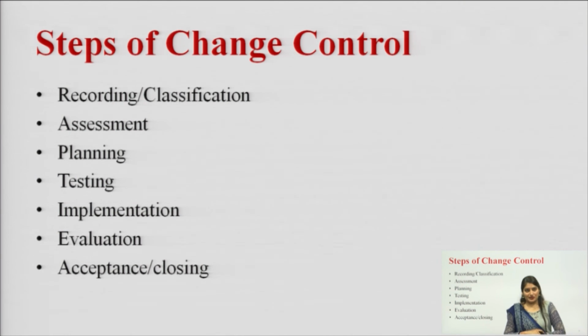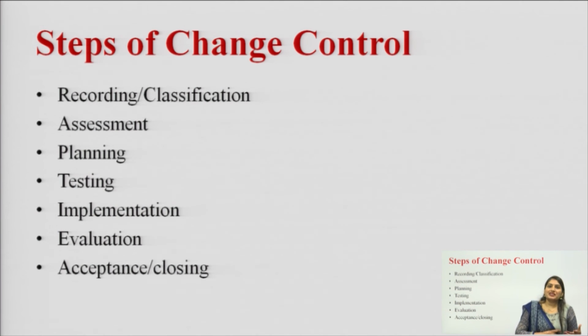Next is assessment. So, after we have classified the change, then we have to assess the risk. Okay, and on the basis of assessment, we will plan certain strategy to implement that change. Next is testing. In the testing step, we will perform certain testing to implement that change.